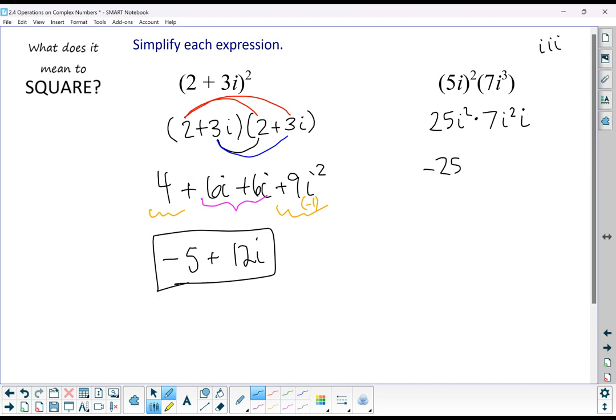So we could think of these two as an i squared, and then we just have this extra i. So this i squared in the middle becomes a negative 1, and so this is negative 7i. And so now if we finish multiplying, we get 175i.